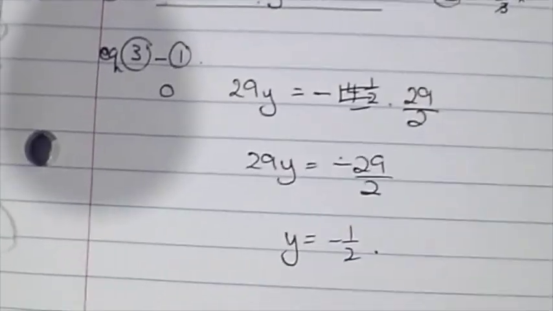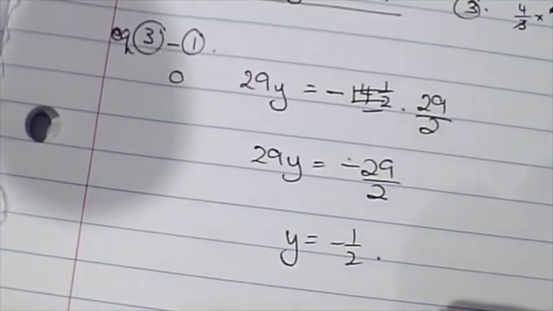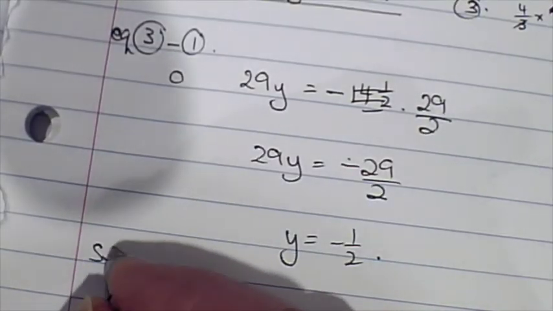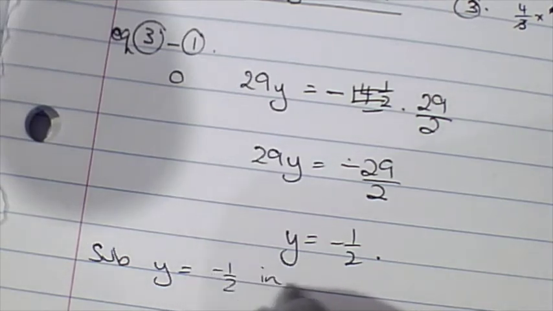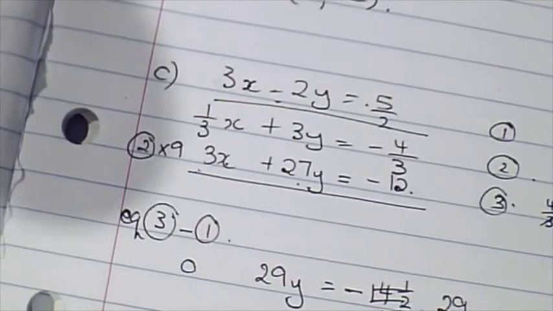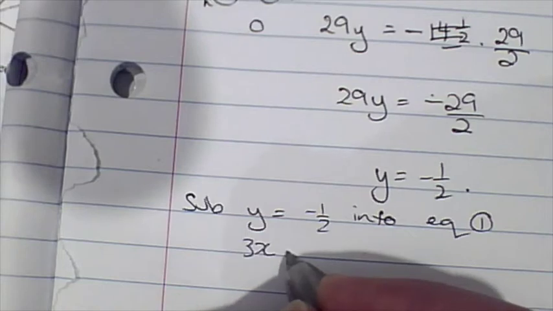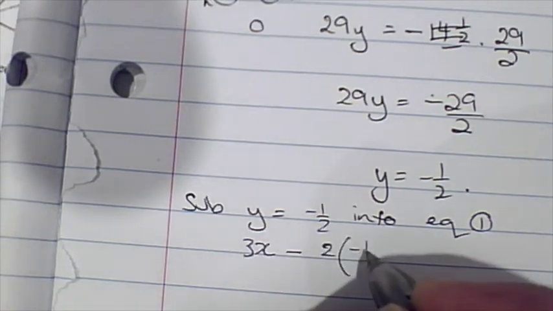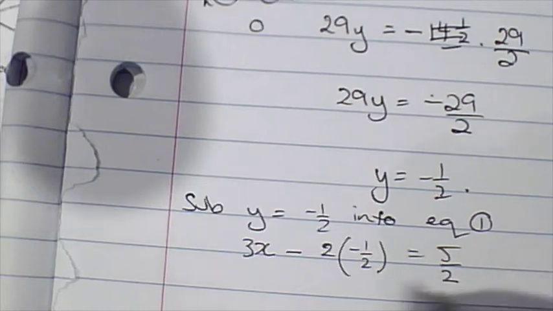As I said to you, getting hard. Once you've got that, substitute it back in. I'm going to sub y equals minus a half into equation 1, back up here. So 3x minus 2 times y equals 5 over 2.